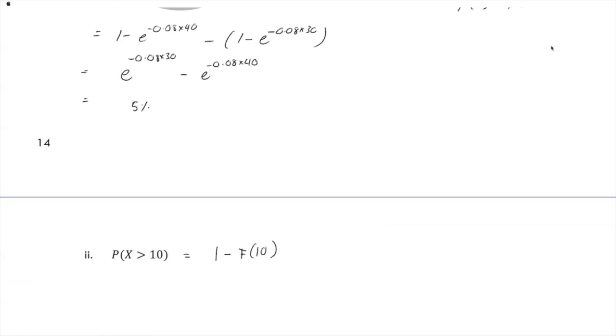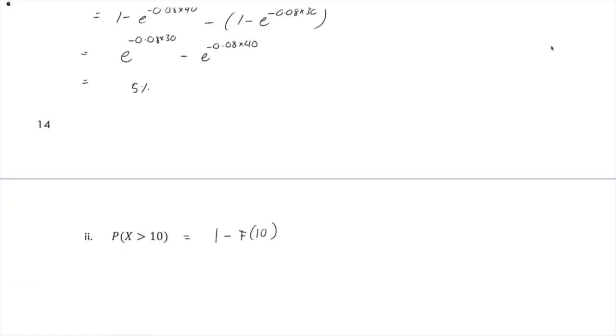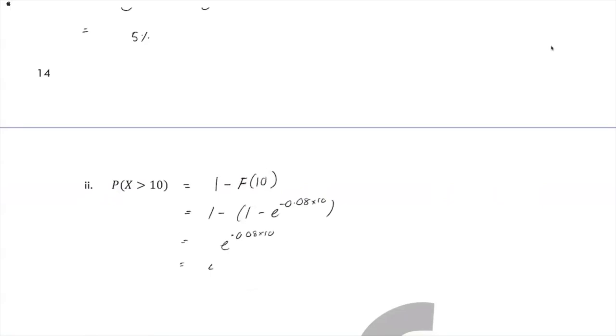This is just, you can just do 1 minus, like complementary events. Not bad, right?